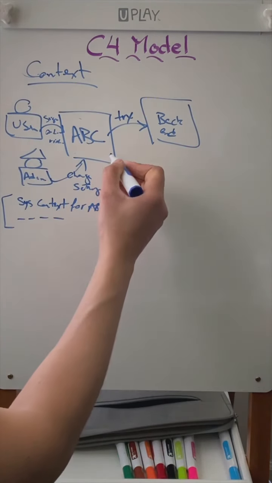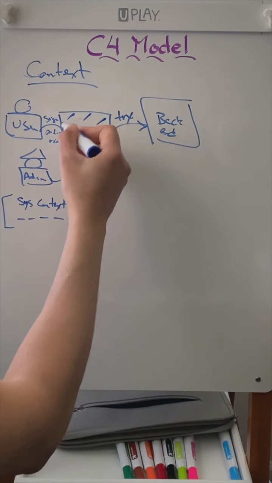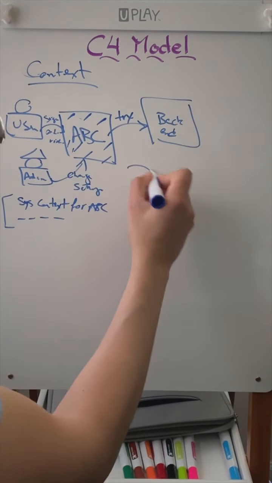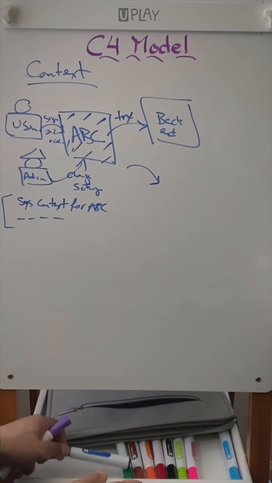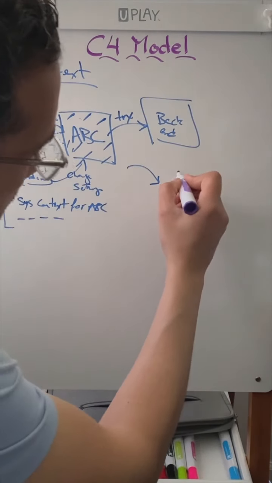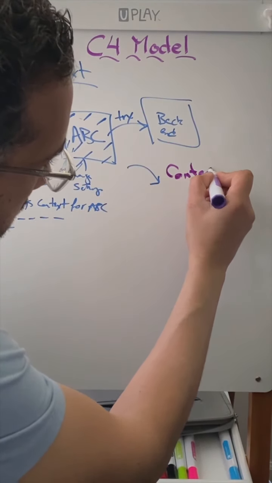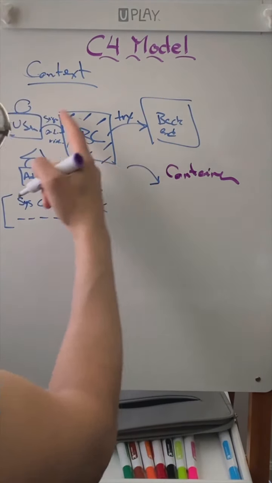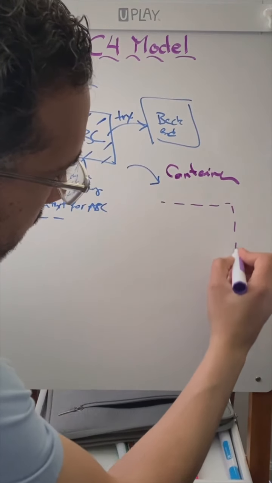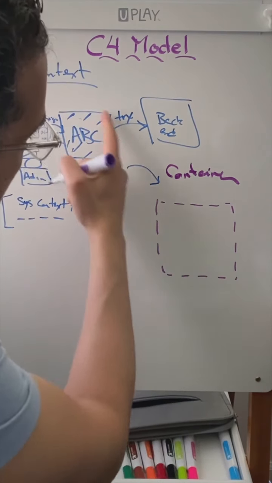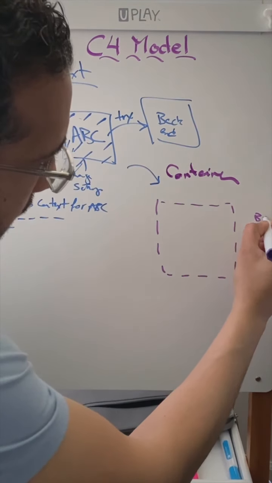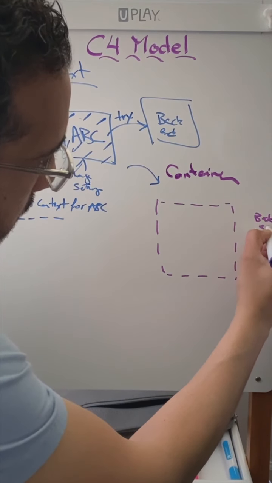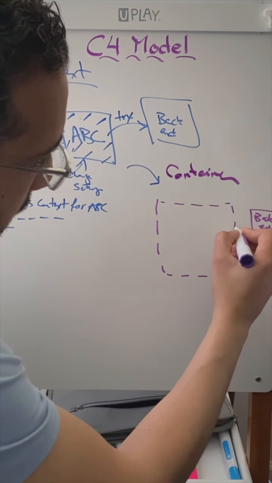Then you take this system into the container level. In the container, what's outside stays the same. You would have the back end here, with the same name of that relation.